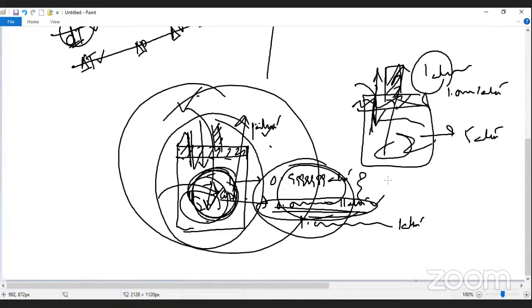Right. Now I'll give the definition. Write under reversible process: throughout the process, the system remains infinitesimally closer to the state of equilibrium.